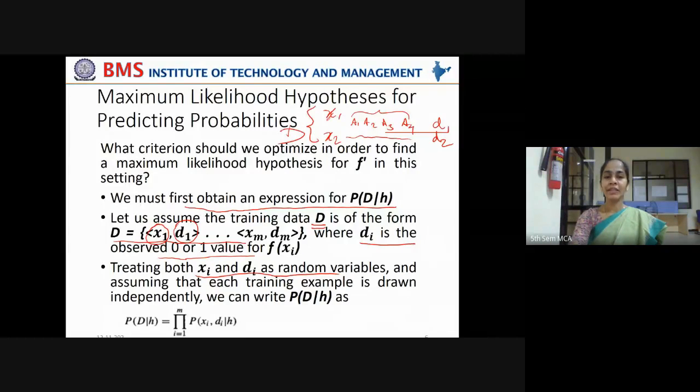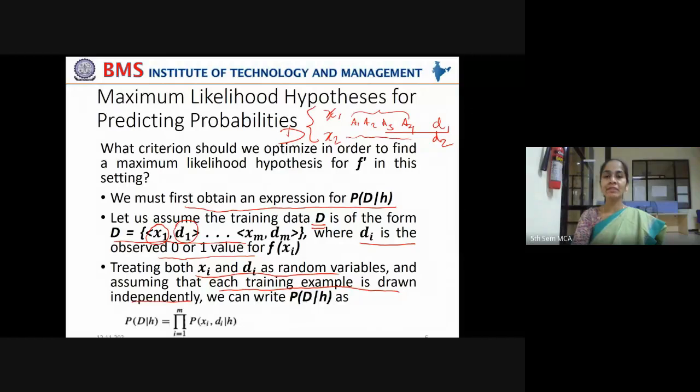In that case, we treat both xi, the set of attributes for a given training example, and di, the outcome for the given training example, as random variables. They are not static. They don't belong to the same distribution. They are random variables, and we assume that each training example is drawn independently.